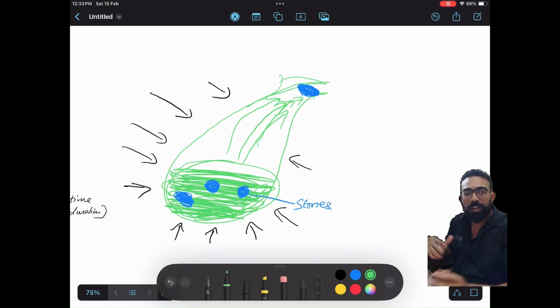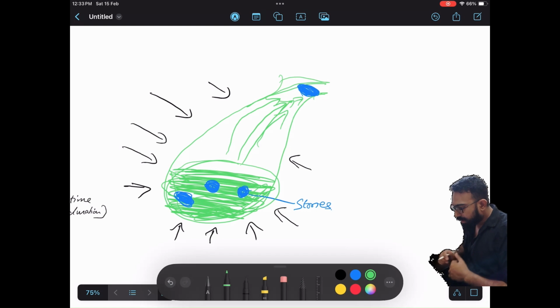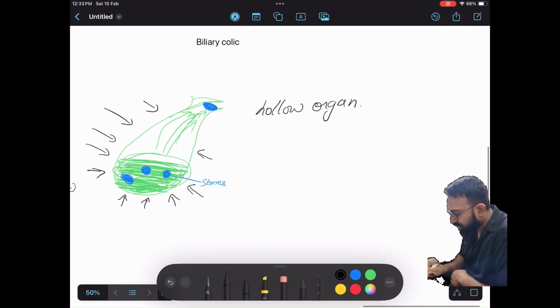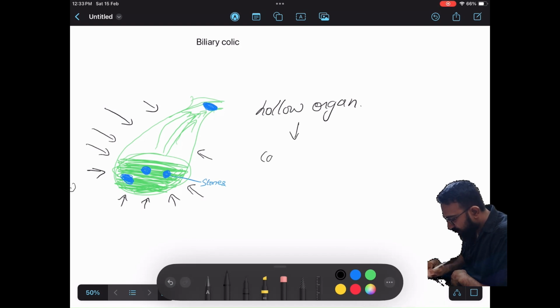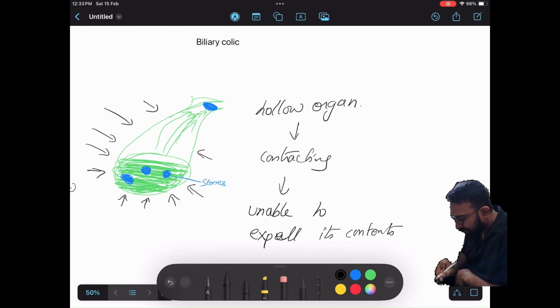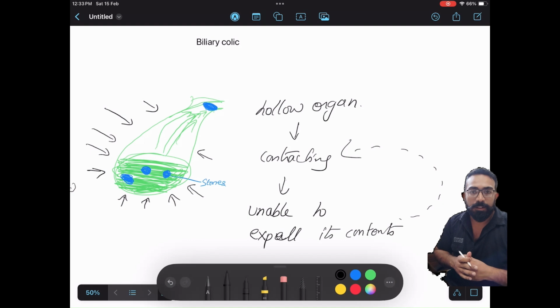So what will happen is that now you have got a hollow organ. The gallbladder is a hollow organ which is contracting, unable to expel its contents, and because it is unable to expel its contents, it has entered into a vicious cycle of contracting more.